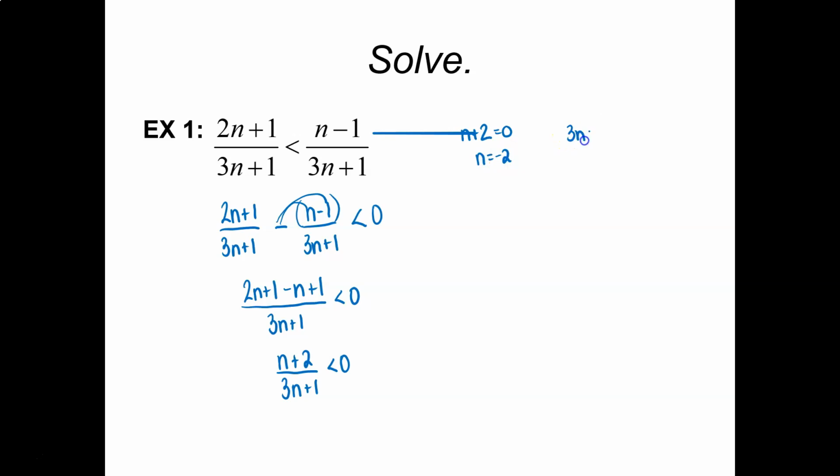And 3n plus 1 will equal 0, so we'll get 3n equals negative 1, divided by that 3, n equals negative 1/3. Oop, I wasn't looking at that negative. Got them in the wrong order.